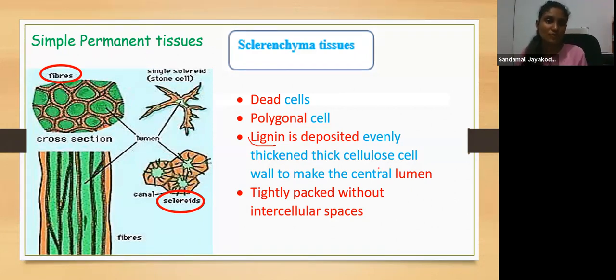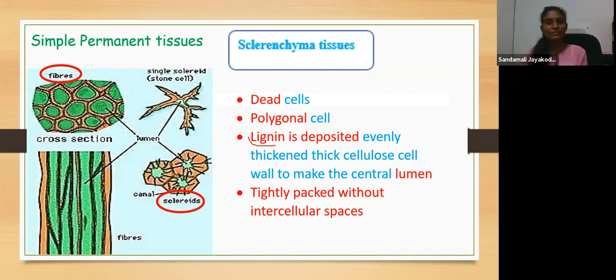There's no passage of water, so they cannot be alive. They don't have nuclei. And due to the thickening of the cellulose and lignin cell wall, their central lumen, or the pore at the middle of the cell, has become a tiny lumen in sclereids most of the time, and even in fibers we can see a small lumen compared to other cells.